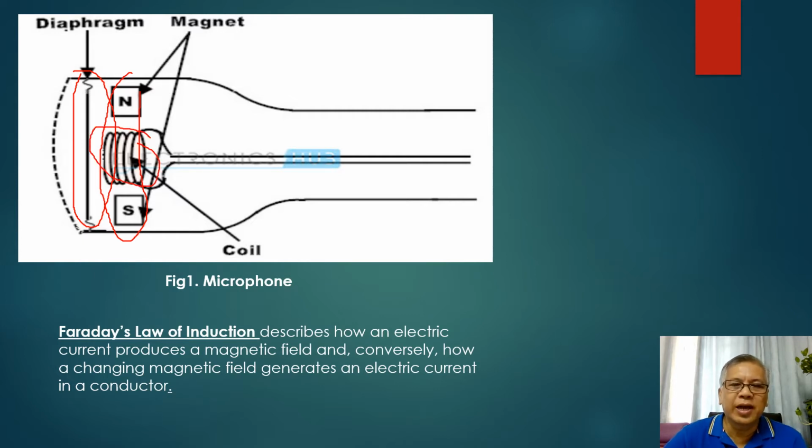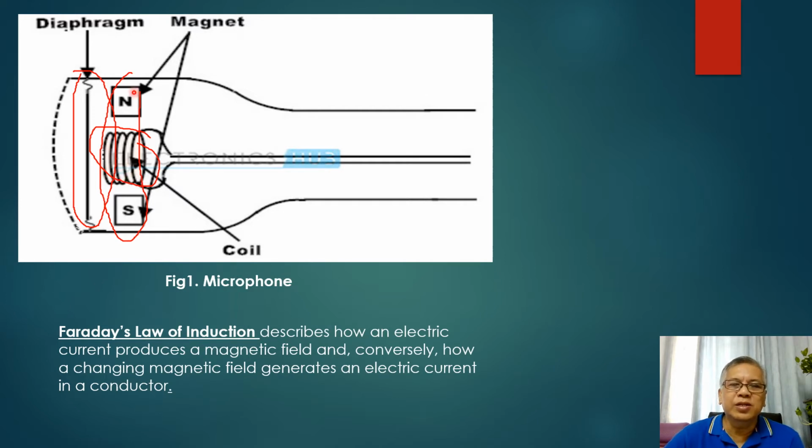So how does, again, microphone convert sound wave into electrical signal? So when you speak in front of the microphone, the diaphragm here will move, right?